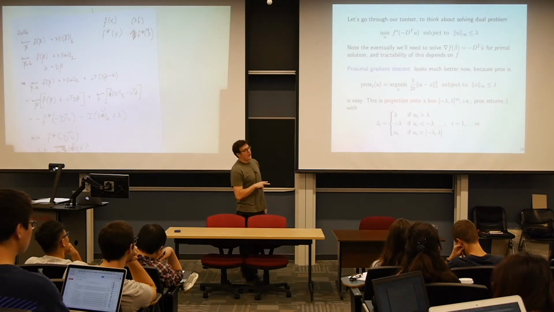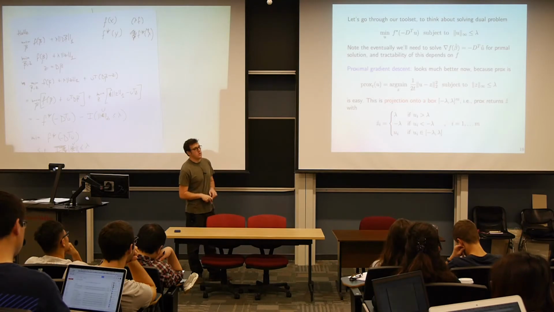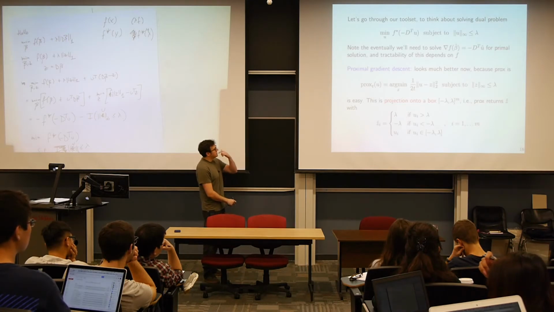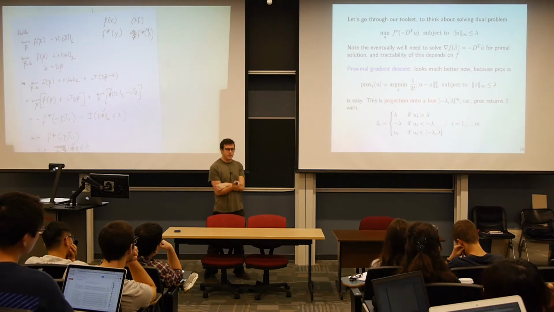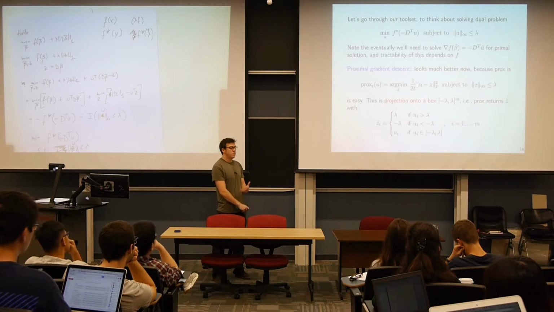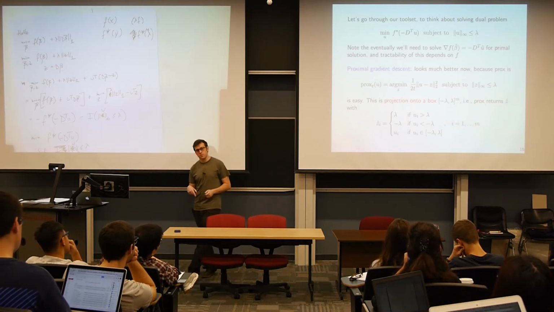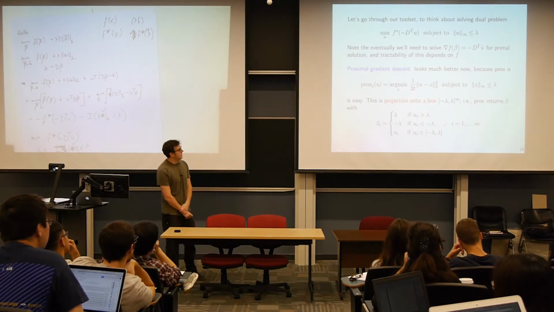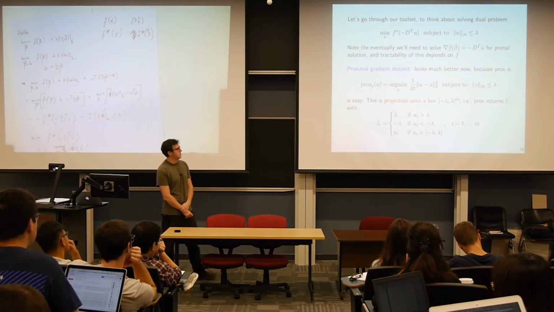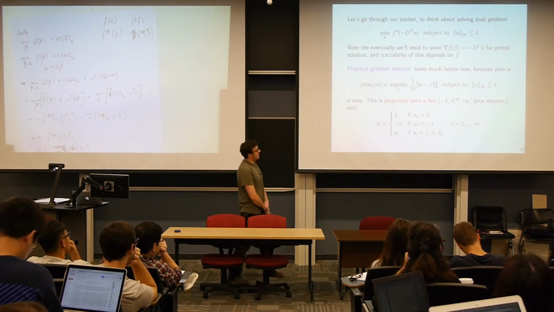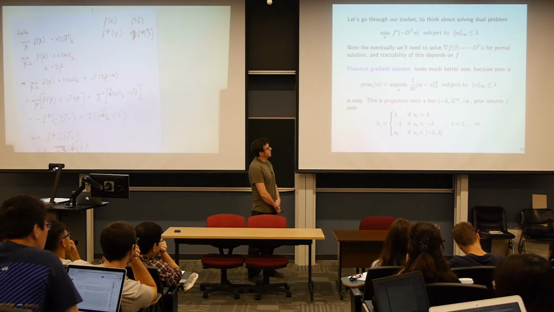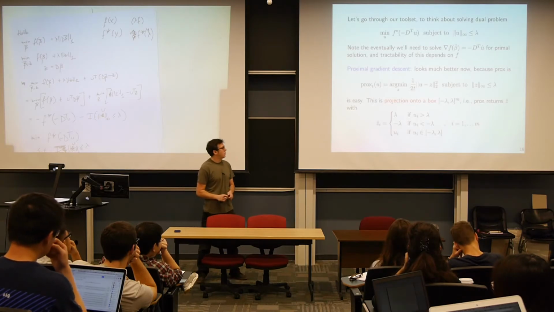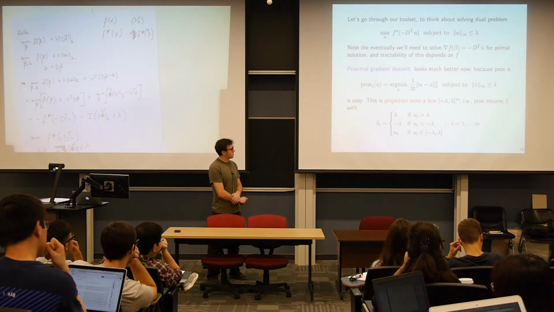All right, so now we have the dual problem. Let's consider what the proximal gradient descent method looks like applied to this problem. The key observation is that by considering the dual, we've moved the D matrix from the non-smooth term to the smooth term in the objective. Because of that, we can now define a simple proximal operator for the constraint term, which is just given by projecting the variable onto an m-dimensional box.